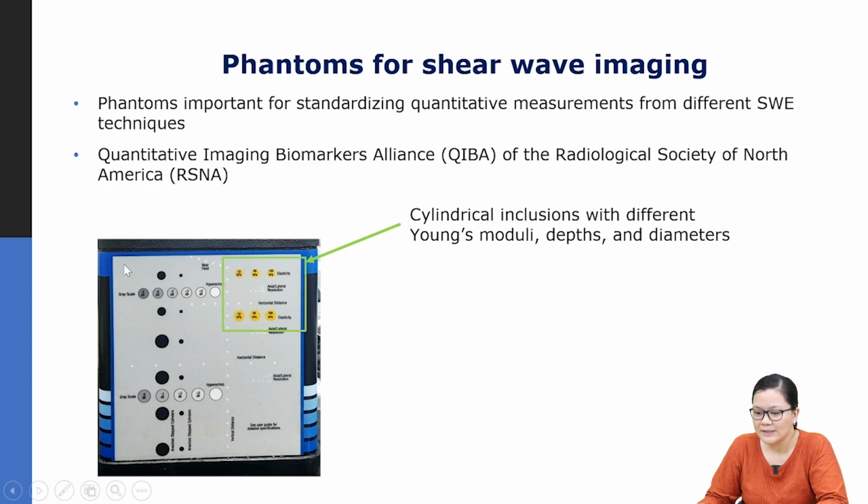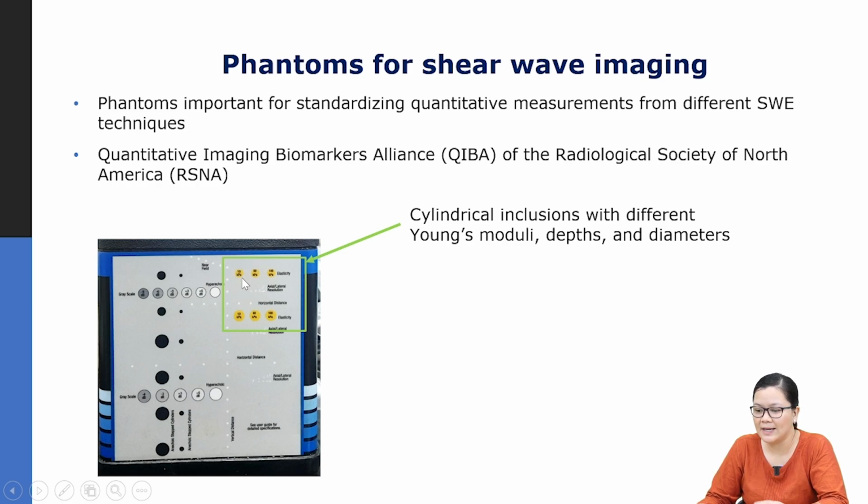Here I show one such phantom, which has B-mode imaging targets that can help you assess echogenicity and resolution of your imaging system. But this particular phantom also has cylindrical inclusions with different Young's modulus. They are colored in yellow right here.